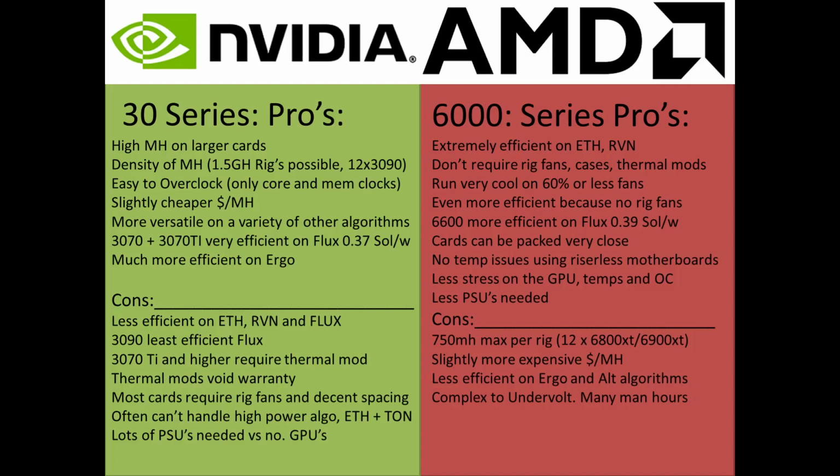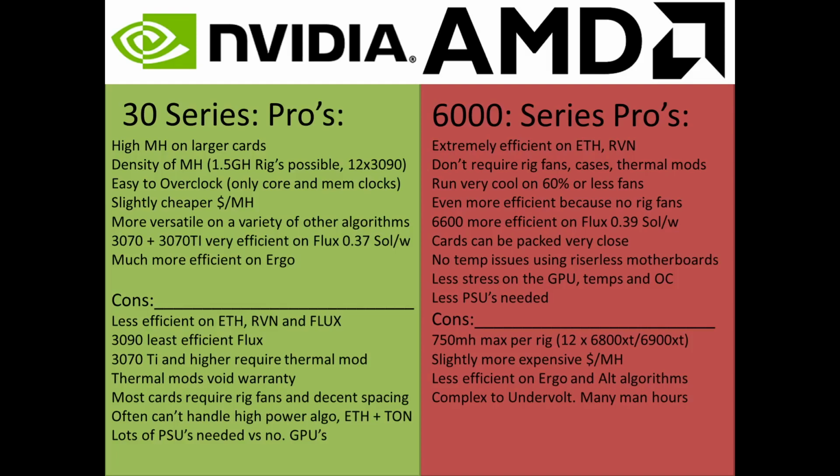Yeah, as I stated before, the 6600 is the most efficient card that we're looking at here on Flux. Can be beaten by some of the older cards on Nvidia side. The cards can be packed very close together, so I just did a video recently.